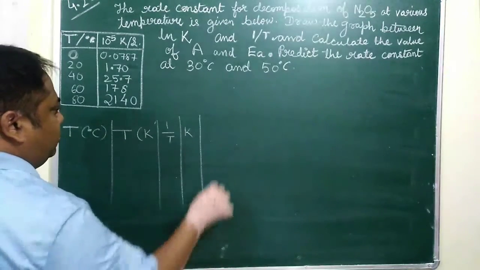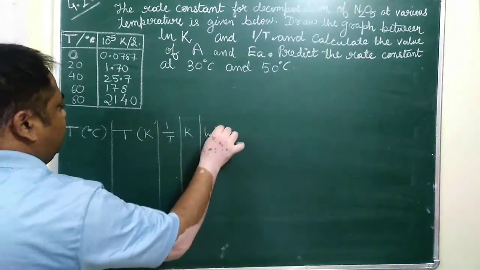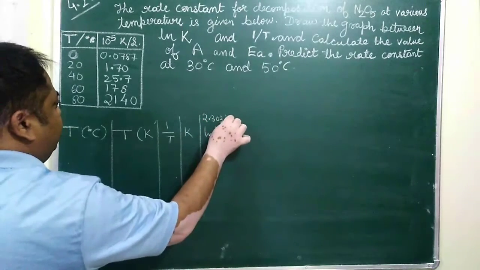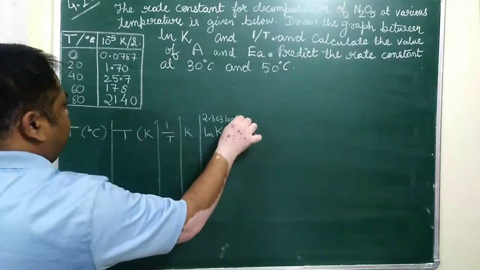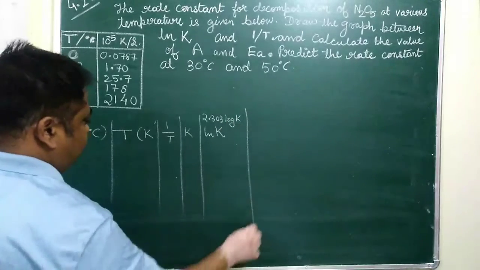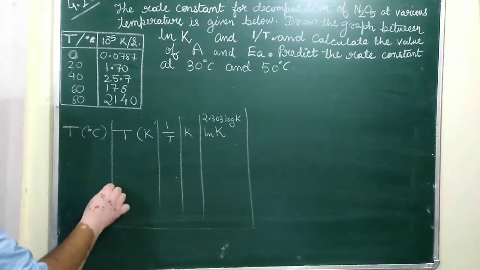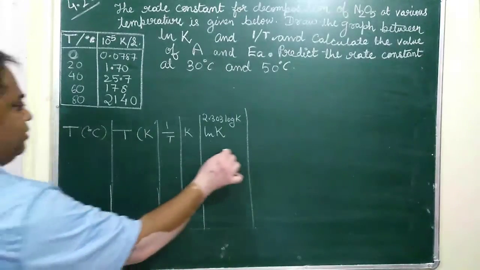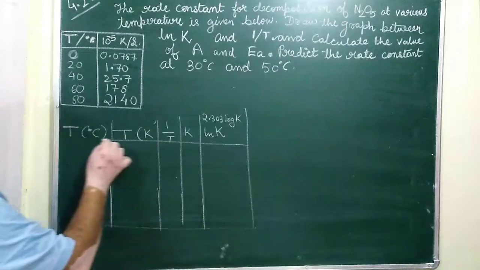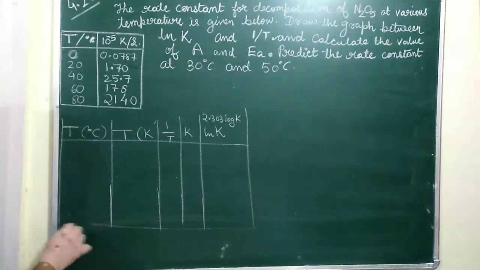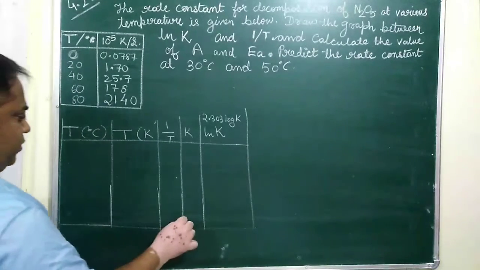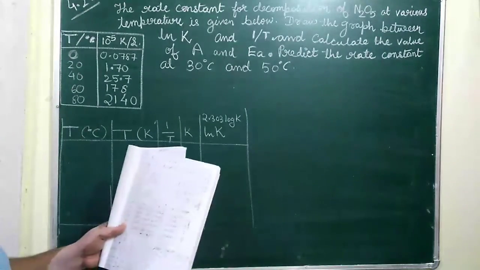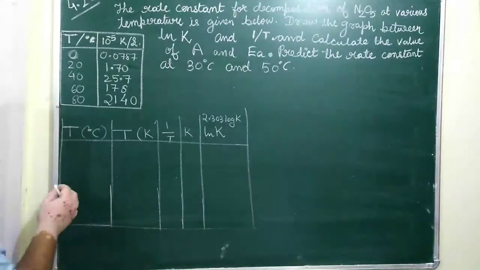You have to find out natural logarithm of k, that means 2.303 times log k. Now imagine if I start calculating this, how much time it will take. So to save your time and my effort, I have done this calculation beforehand on a table. I'll just demonstrate it now.